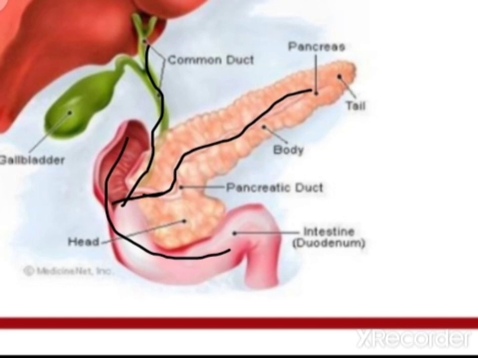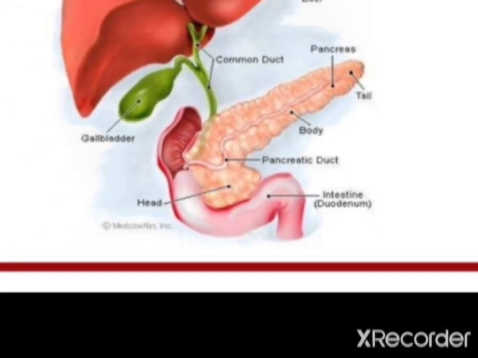This occurs in the duodenum only. The maximum part of this dissociation of all the major compounds into simpler compounds occurs in the duodenum. And all the bile ducts open in the duodenum.